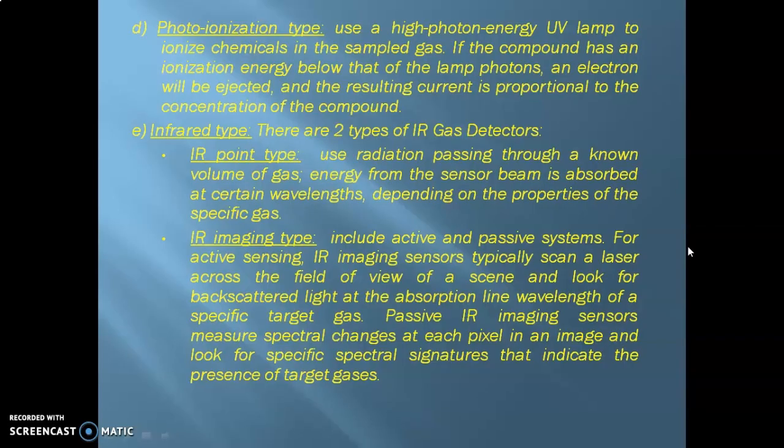Now, if the sample gases have an ionization energy that is below that of the photons that are being produced by the UV lamp present within the gas detector, then a current will be produced. And the amount of this resulting current is what is proportional to the concentration of the gases that are being sampled. That means that the amount of current that is being produced due to this ionization effect that is taking place inside the gas detector is what determines the amount of the gas that is present within the premises.